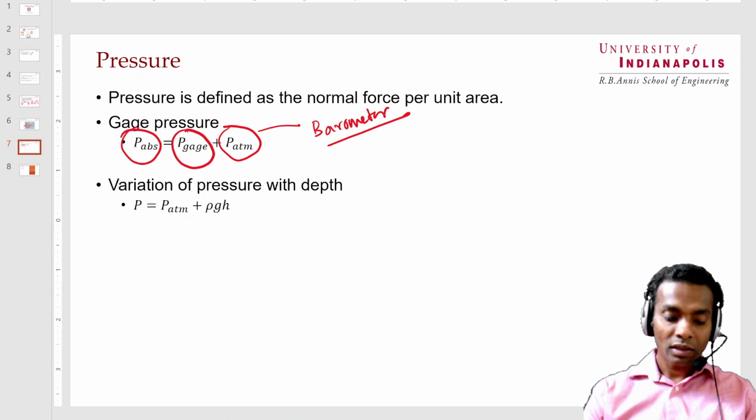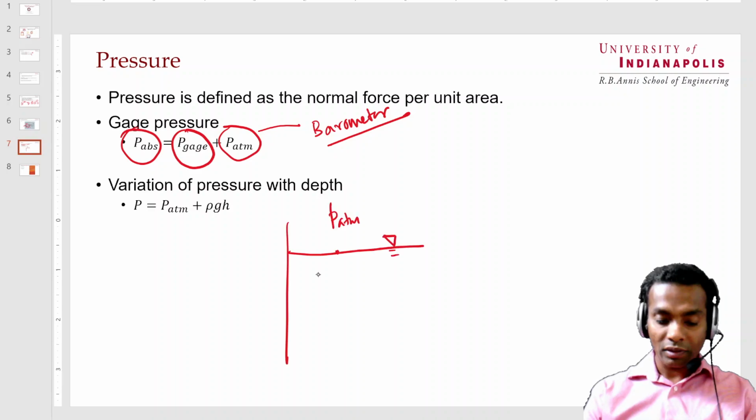You already learned about how the pressure varies with depth. Let's say this is a quiescent water tank, and you have atmospheric pressure at the top, right here. With depth, if the density of water is rho and the gravitational acceleration is g, you have a rho g h pressure change.